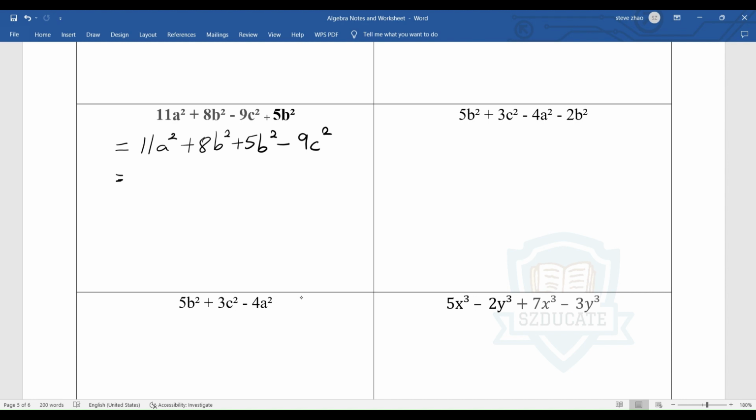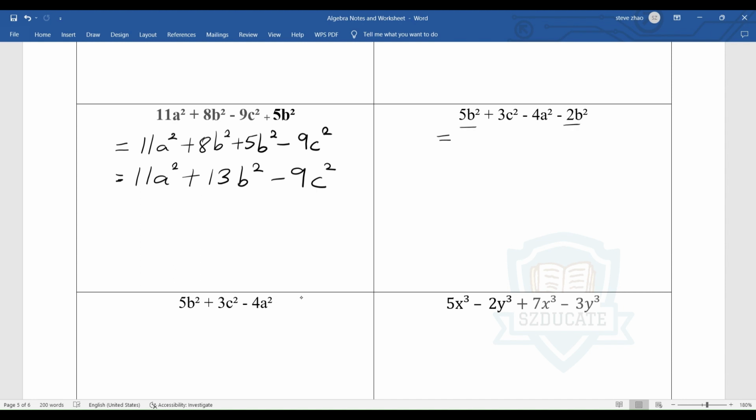So 11a square doesn't have any like term, so it's alone. We don't touch it, we just keep it. But for b square, 8 plus 5 gives you 13, so 13b square minus 9c square. You're done. Next question. Same thing, identify where the like terms are.